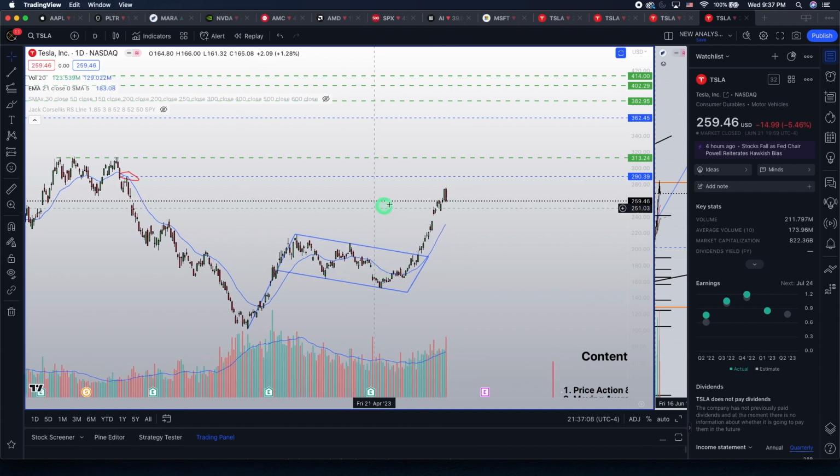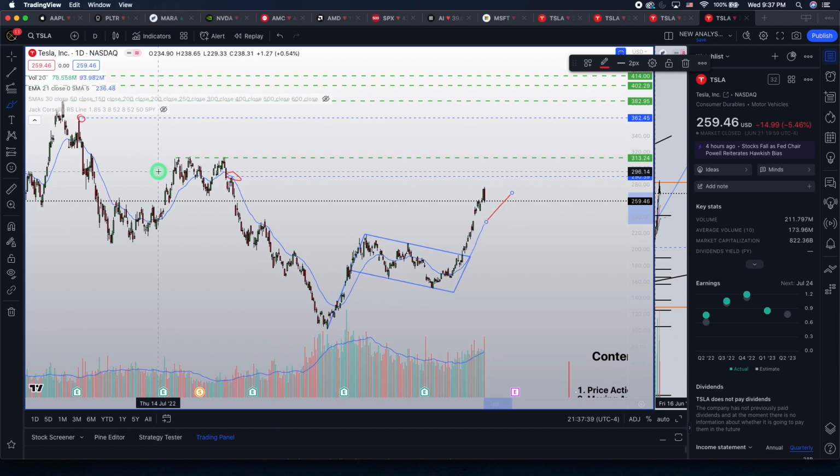Basically over here we have support now at the 250 area, 255 I would say. That's where we broke through in this gap. We'll have another support at around 237 and another support at 220. But again, I'm relying more on our 21 EMA for support and our 30-week moving average for support as well.